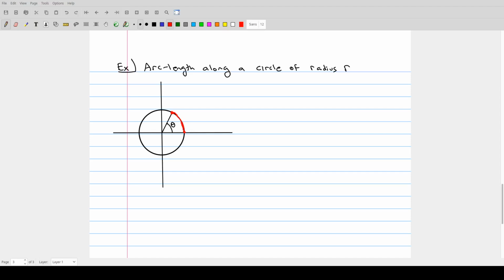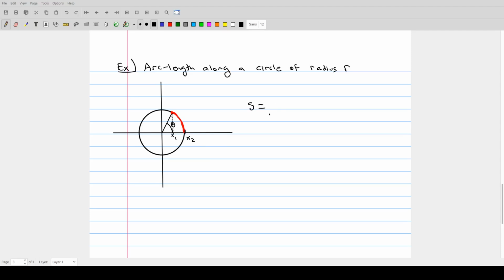So the physical value of length along the circle from theta equals 0 to theta equals some value. The first thing to notice is that this is, say, x1 at this point, and this point right here is x2, and we want to figure out exactly what the arc length s is from x1 to x2.